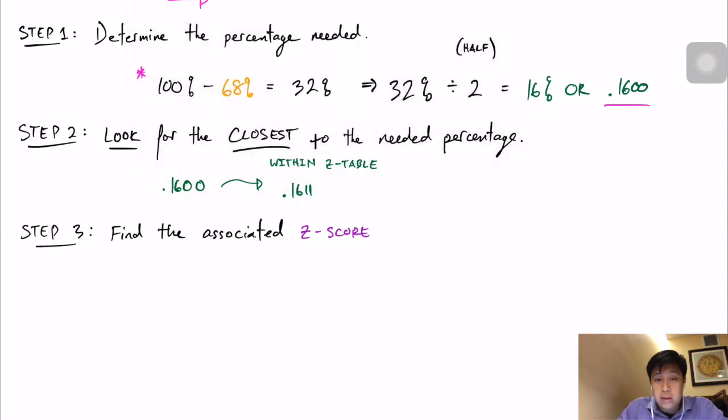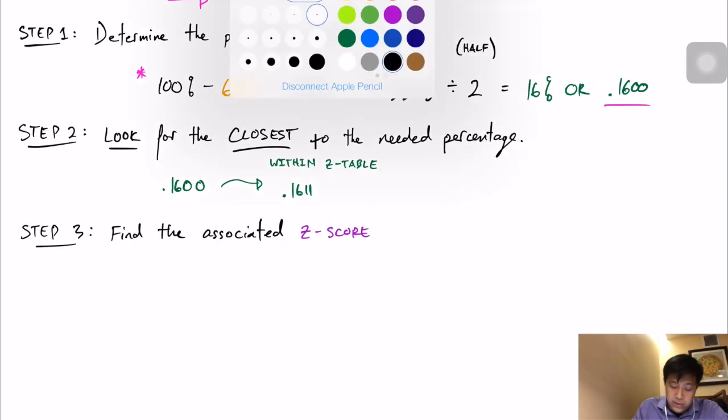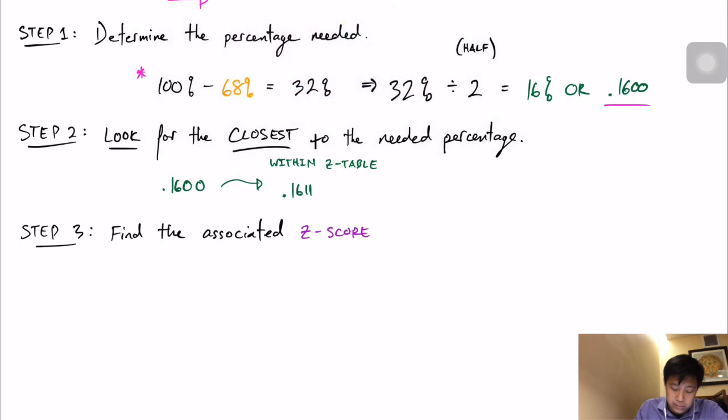Once looking inside the Z table at 0.1611, you want to make sure you look to the left first, and that will give you the beginning of your Z-score. But don't forget to look up as well, because then that gives you the hundredths place of your Z-score as well. Again, I've done this in advance as well, and we find out that 0.1611 gives you a Z-score of negative 0.99.